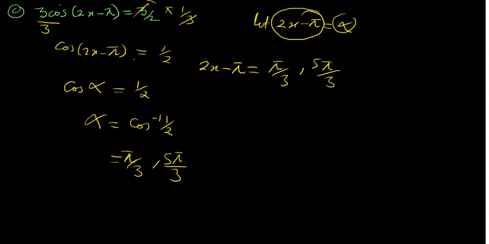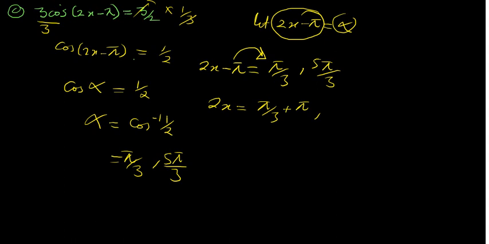So from this point, we are going to take the pi to the other side. If we take that pi the other side, we are going to have 2x is equal to pi over 3 plus pi, which is going to give us 4 pi over 3.